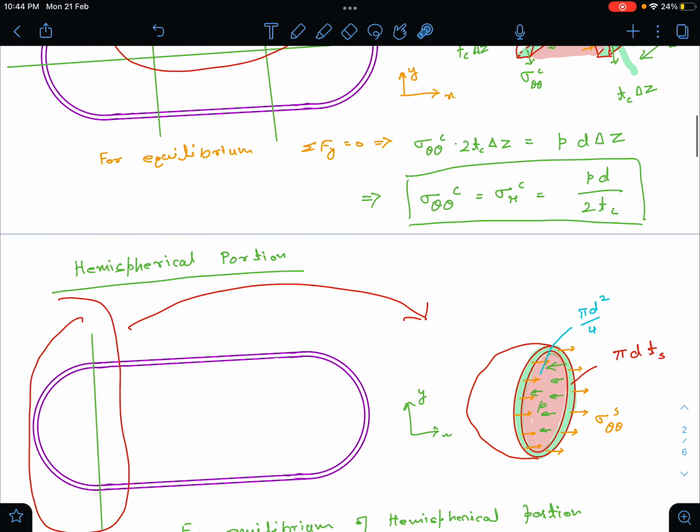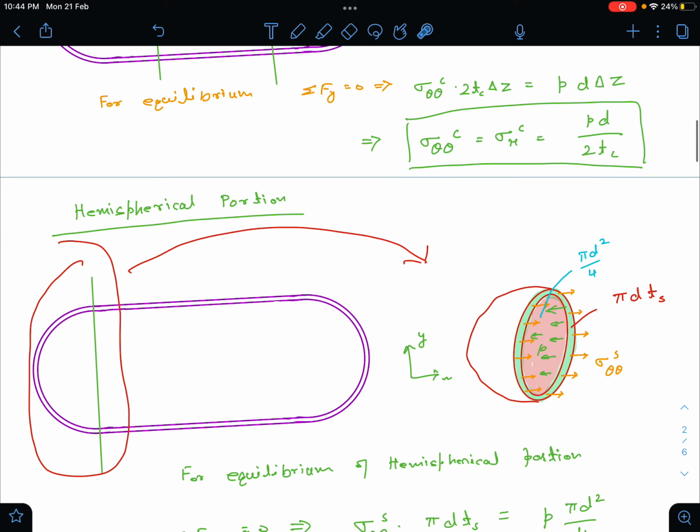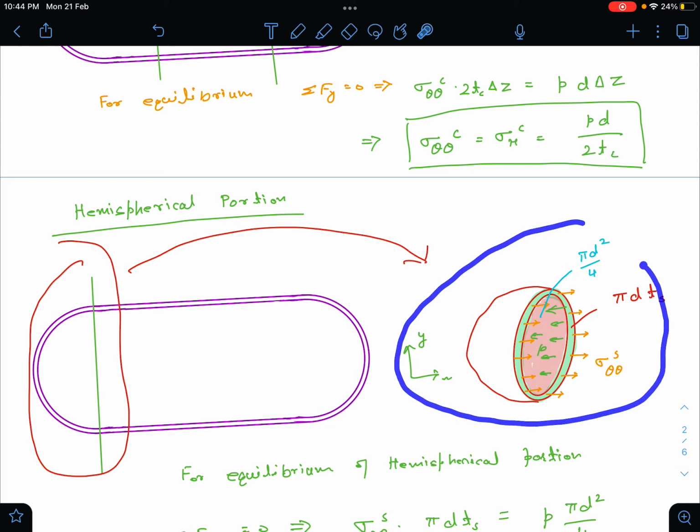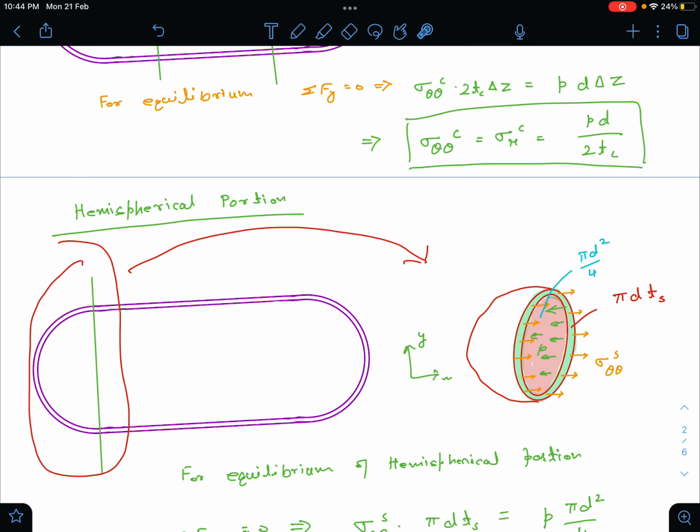Okay, now let us come to the hemispherical portion. There are two hemispherical portions, one is this one and another is this one. I have made a cut over here and shown a 3D image of the same. Now this area is the material, its area is pi times d times ts.